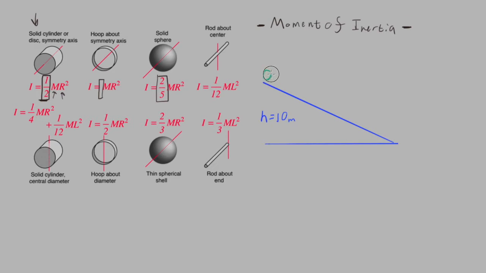So I've got a hoop, so we'll say green is the hoop. We'll do a sphere, so the orange will be the sphere. And then we'll do a solid cylinder. The solid cylinder will be that black color. So each of these is going to roll down the same path, from this point down to this point right here.